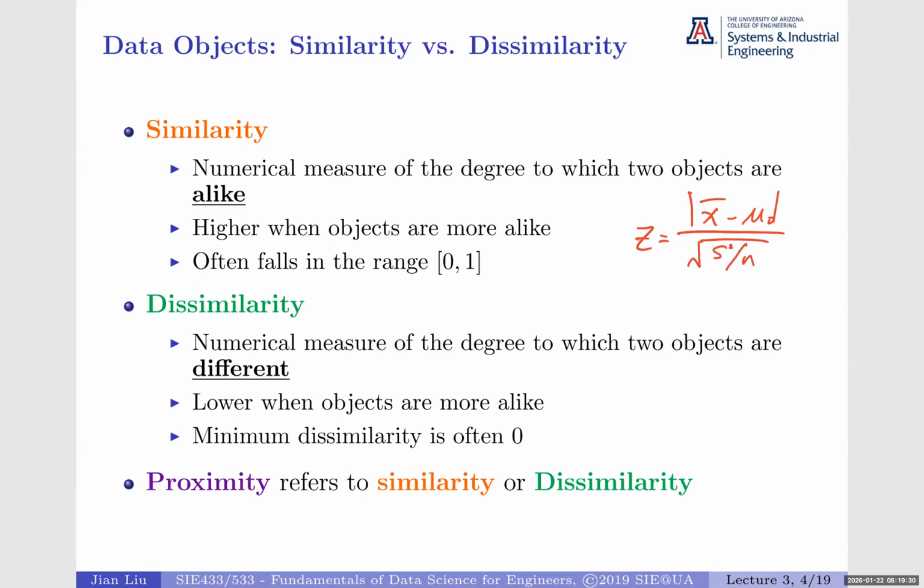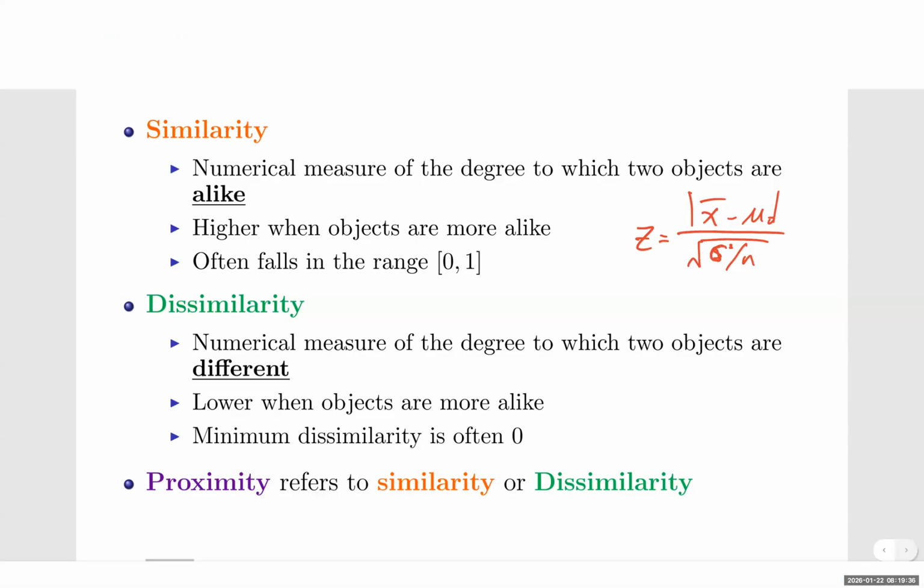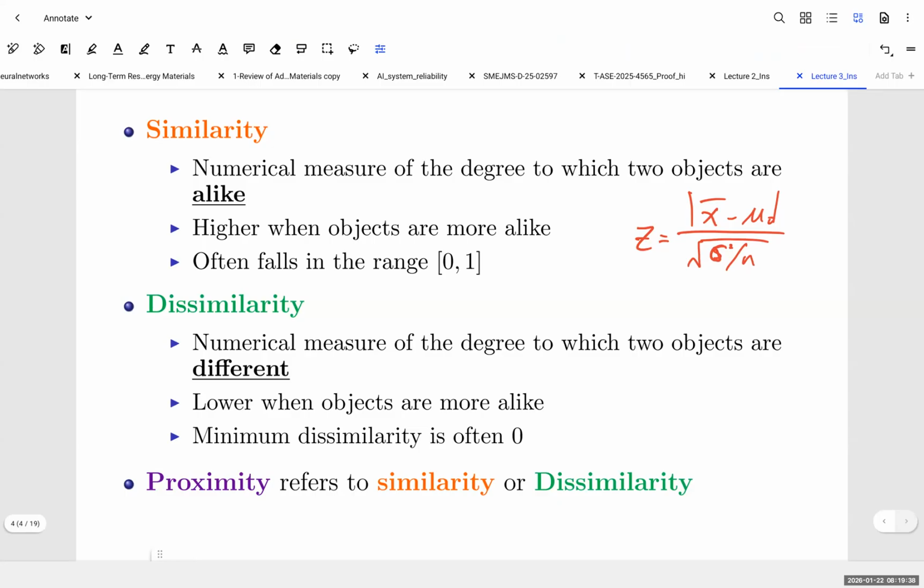That is the z statistic, or actually we should replace this s by sigma. That is actually the z statistic. And this is the distance.